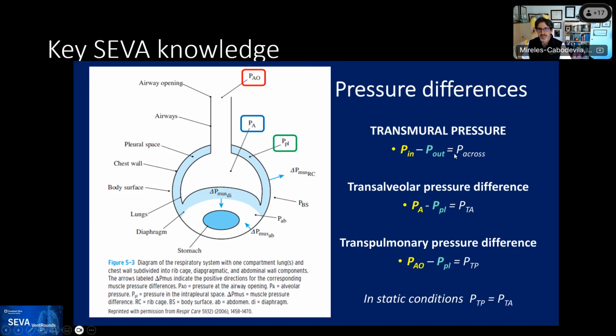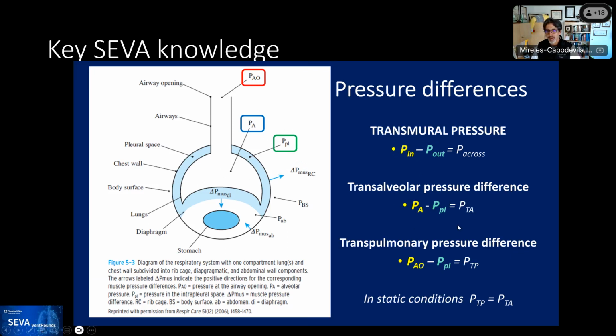So the pressure inside the alveoli minus the pressure outside, which is the pleural pressure, would be the pressure across, or transmural pressure. Now, if we have the ability to place an alveolar catheter to measure pressure inside the alveoli, and a pleural catheter to measure the pressure in the pleural space, that would give us the transalveolar pressure difference. And this is a common error in how people report these things.